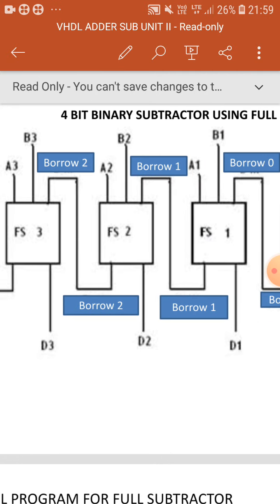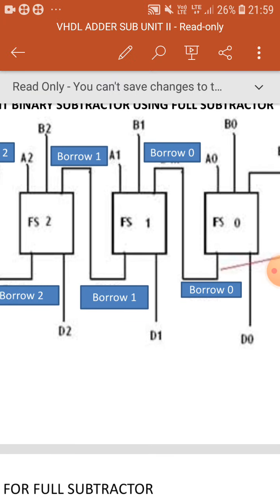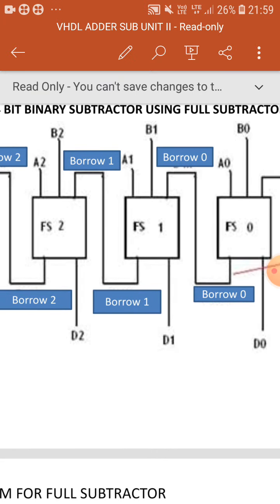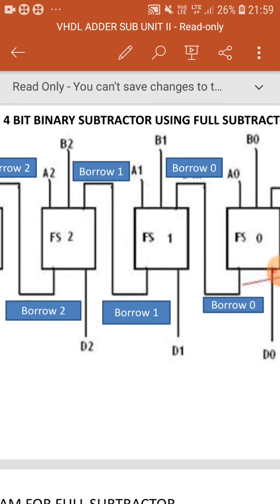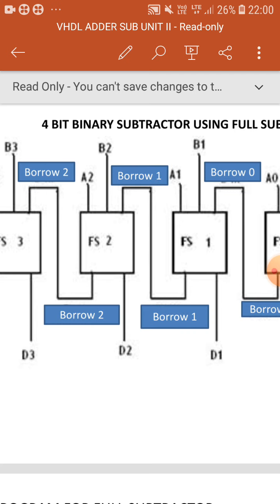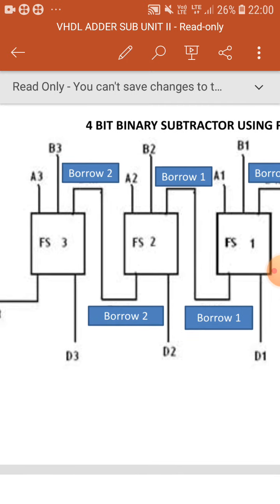In this, borrow 0 is the output of the first full subtractor, which is the input of the second full subtractor. Similarly, borrow 1 is the output of the second full subtractor FS1, which is the input of full subtractor FS2.